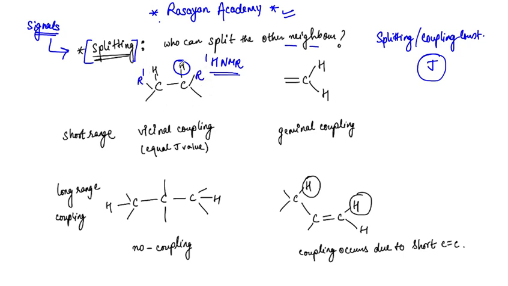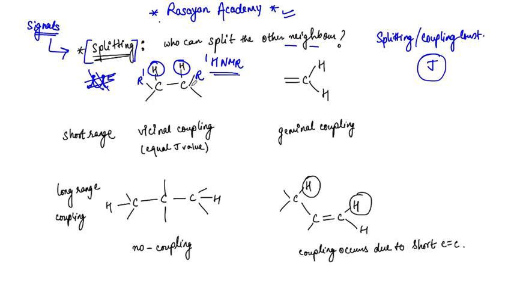So if the environment of these two protons are different, then they are going to be magnetically different and they are going to give us two different peaks, right? Because the environment is different, so they are going to give us two different peaks. But are those peaks going to be singlet? Is this peak going to be a singlet and the other one also singlet? That we don't know. We have to understand this based on the splitting pattern.